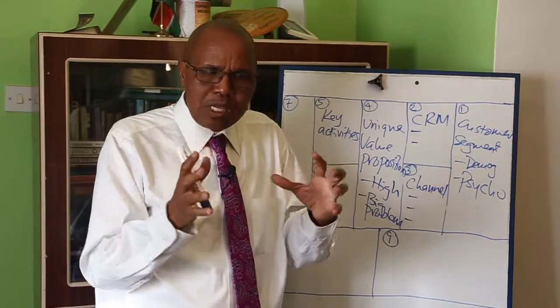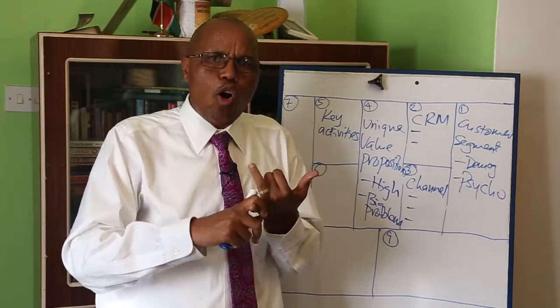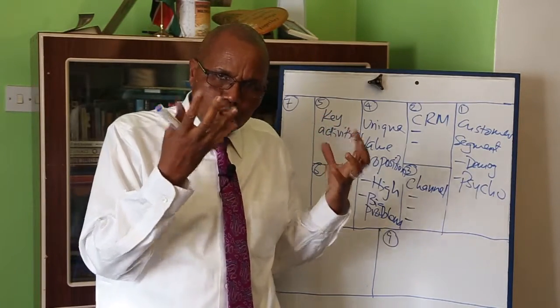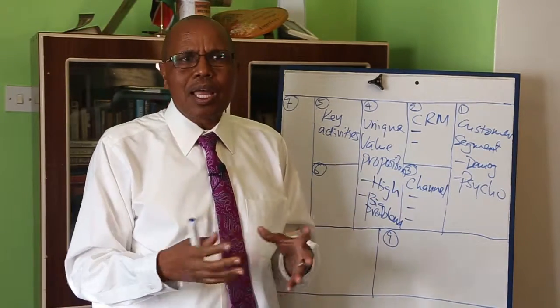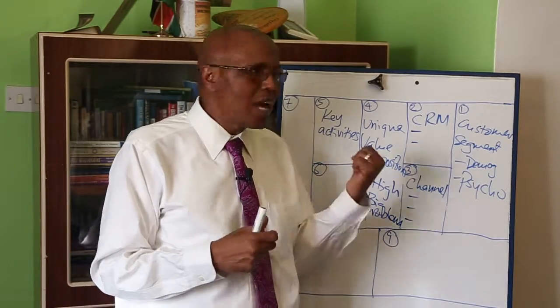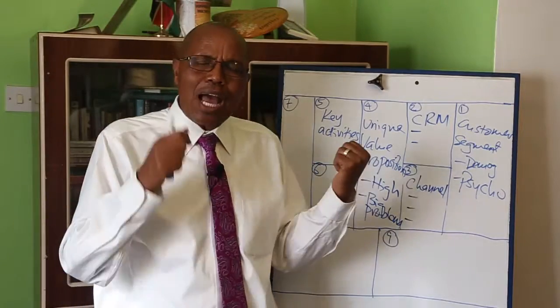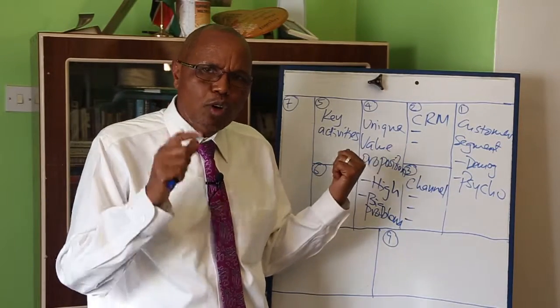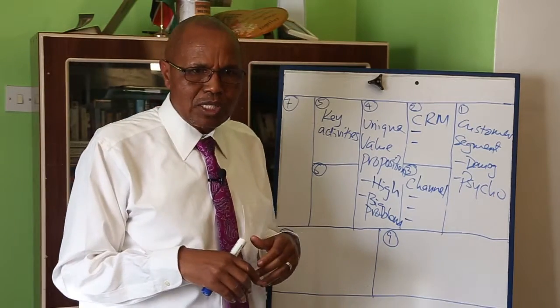So your business must be organized in such a way that there is a clear focus on the stocks that you have and how you get them to the customers. And of course, every other business has a different focus, but key activities are important. So don't spend your money on activities that don't add value to your business. And that is going to help you succeed in your business.